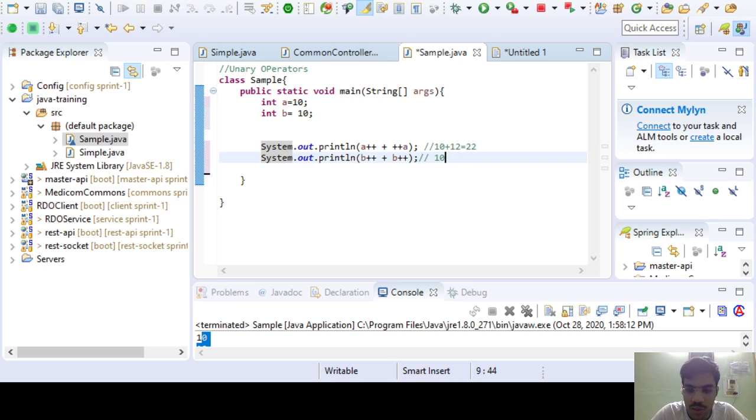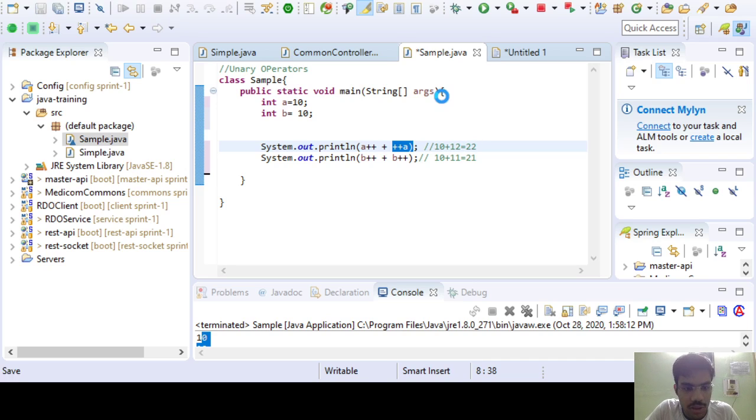Here the initial value is 10 plus, after incrementing by 1 the value will be 11, so the result is 21. The only difference is this: with post-increment, the value is incremented at the next step only, but with pre-increment it is incremented at the previous step itself, because if we declare plus plus a, then 11 plus 12 will be the result, right?